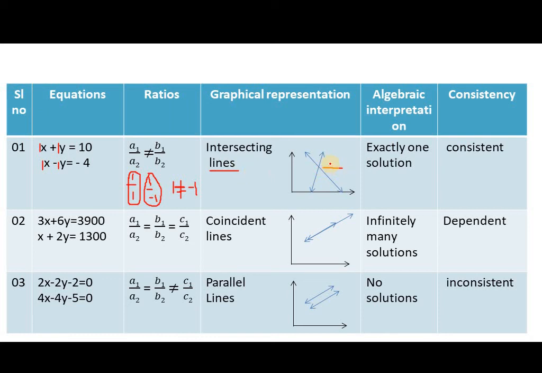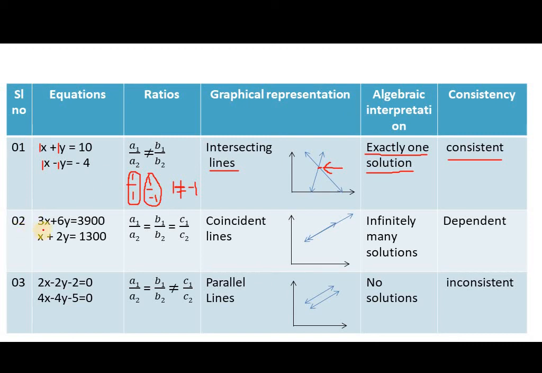So in the plane, the two lines will intersect each other at a common point. That's why we will get only one point, so exactly one solution. The system is consistent.